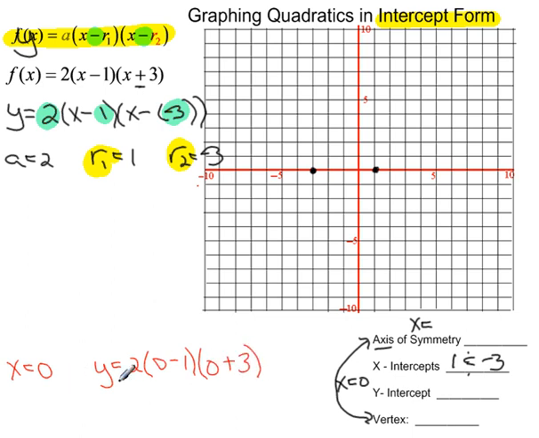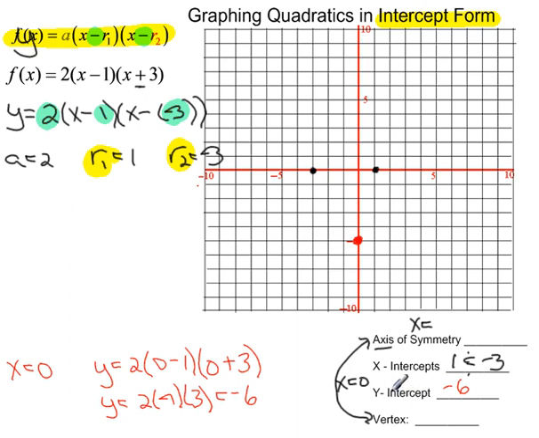The only thing I did was plug 0 in for x in the original equation, and now I'm simplifying. So we get 2 times negative 1 times 3 equals negative 6. Okay? So we see that the y-intercept is negative 6. And I will now graph that. Okay? No matter what form you're working in, when you hear y-intercept, you've got to say x equals 0.